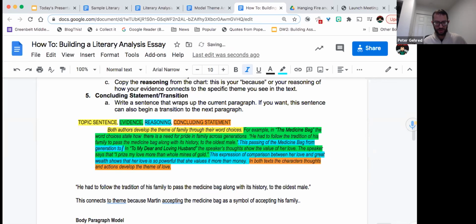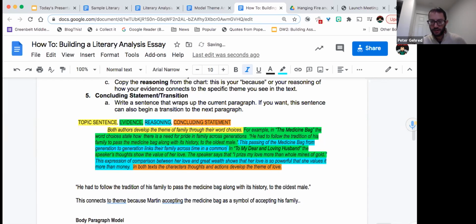Generations are just, your parents' generation is one generation, your grandparents' generation is another, your generation is another. It's those levels of relation, vertical over time. This passing of the medicine bag from generation to generation links their family across time in a common pride in what they are doing.